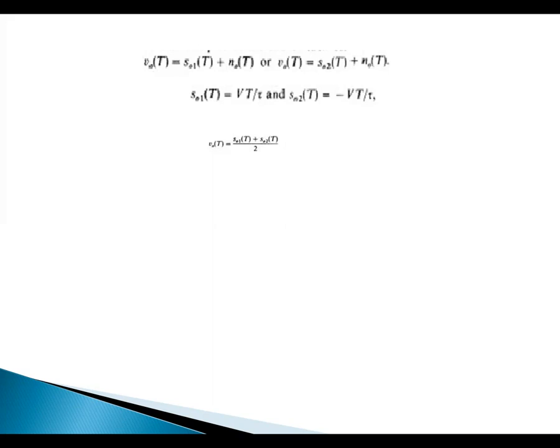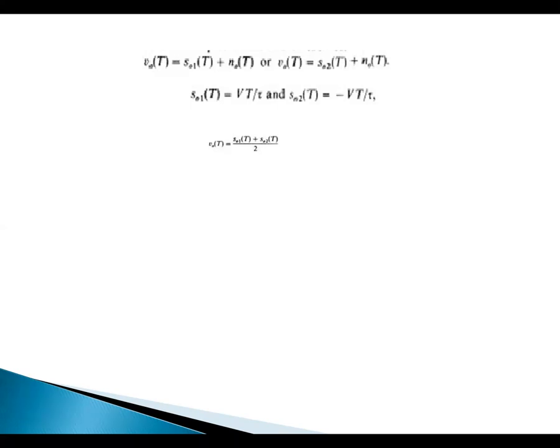So the probability of error P of E decreases as the difference S naught 1 of t minus S naught 2 of t becomes larger, and as the RMS value sigma naught becomes smaller.